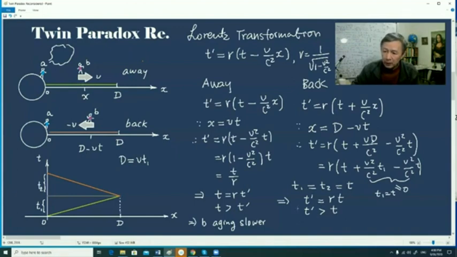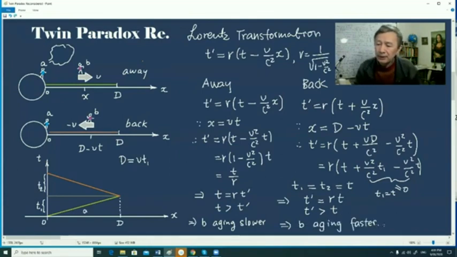This means the conclusion will be opposite from the first part of the journey. More importantly, in this case, twin B will be aging faster.